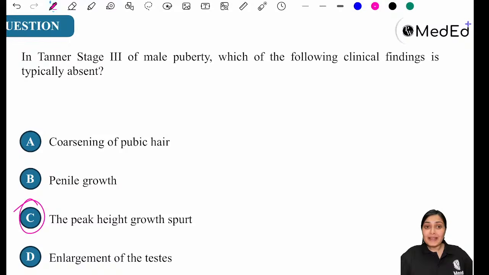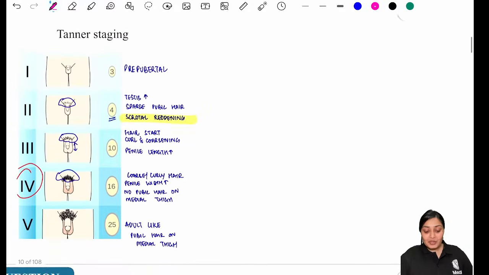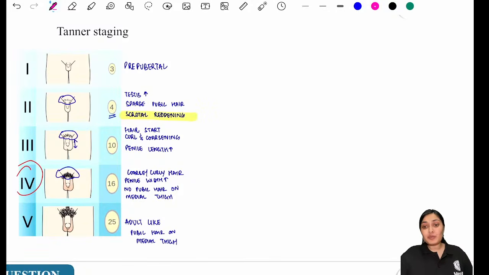So let's revise again the Tanner staging in male and female. What is Tanner staging? It is nothing but sexual maturity rating staging. We have 5 stages, 1 to 5. 1 and 5 are going to be the same for both males and females. 1 is prepubertal stage, 5 is adult-like stage, right? In stage 2, the increase in the size of testes will happen. There will be sparse pubic hair and scrotal reddening.